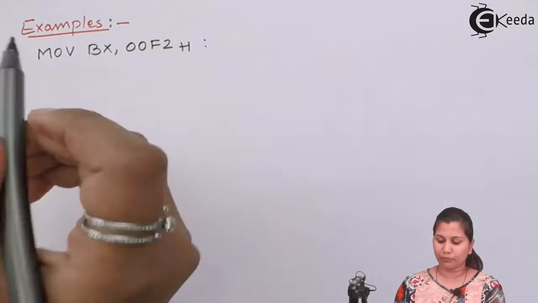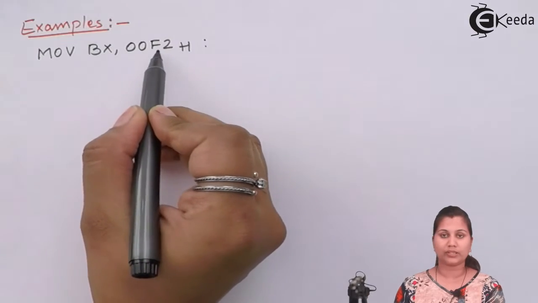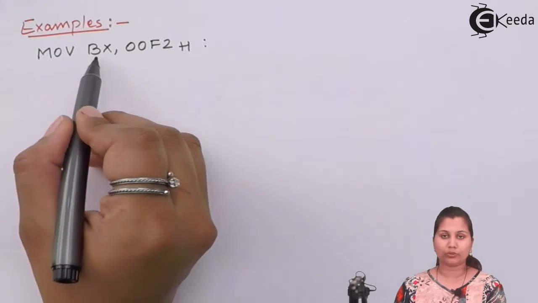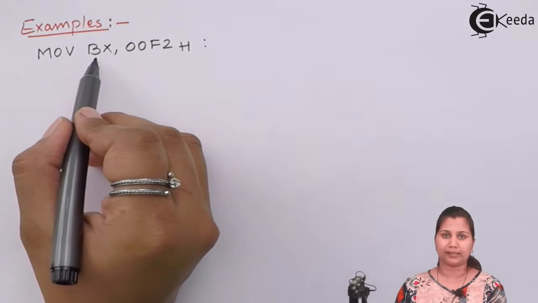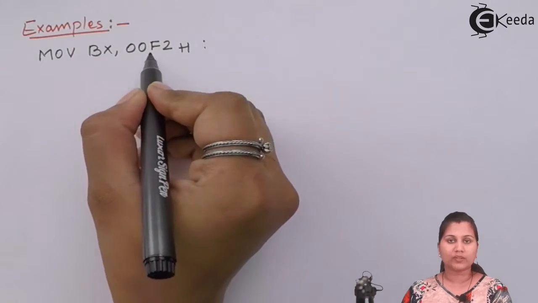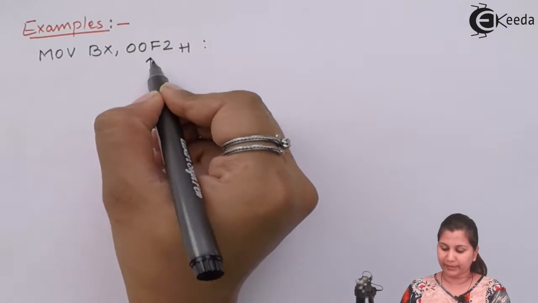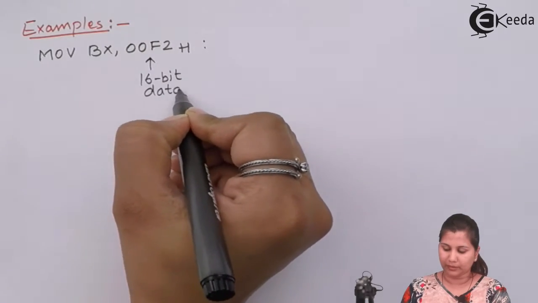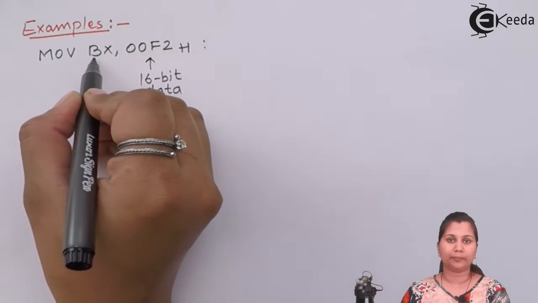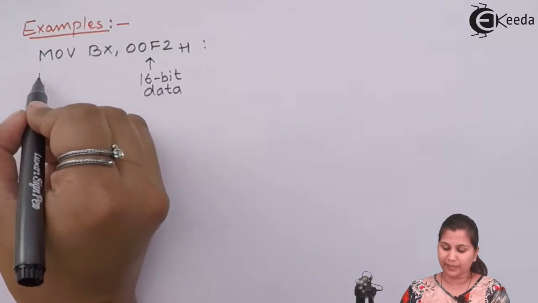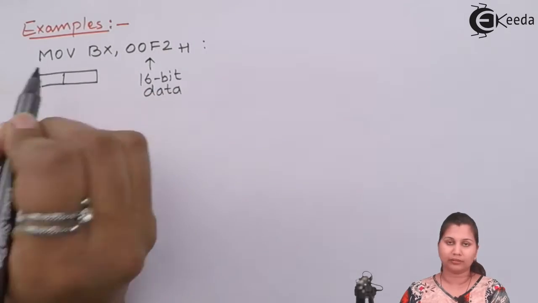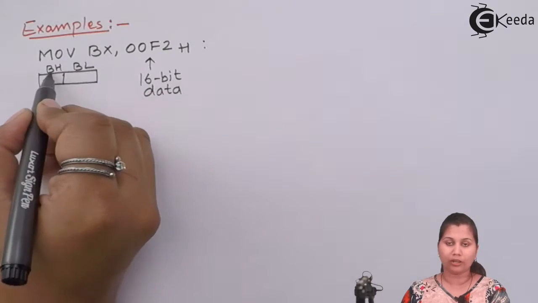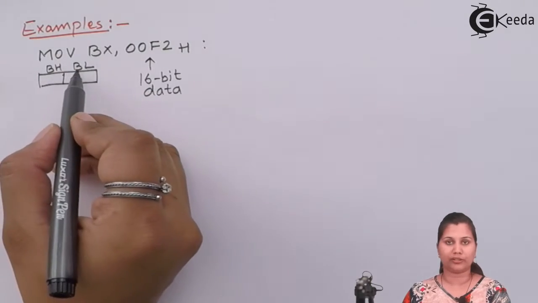The instruction MOV BX, 00F2H is transferring this immediate data into the internal register BX. This 00F2H is 16-bit data, and this is transferred to the base register BX. BX is also a 16-bit register which is having BH and BL, the higher order register and the lower order register.